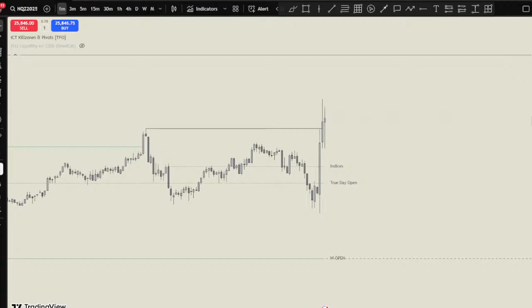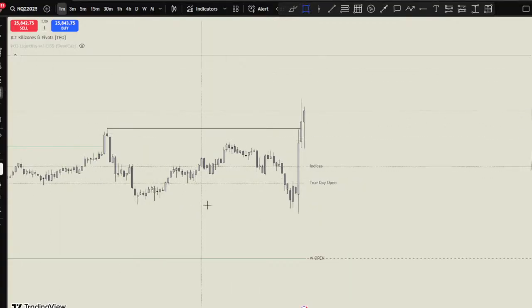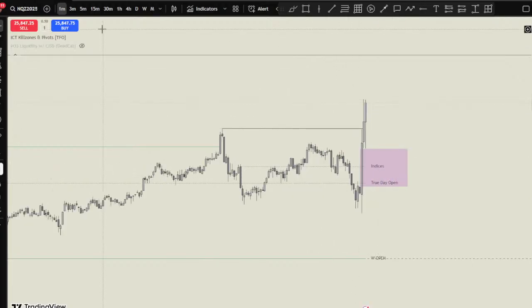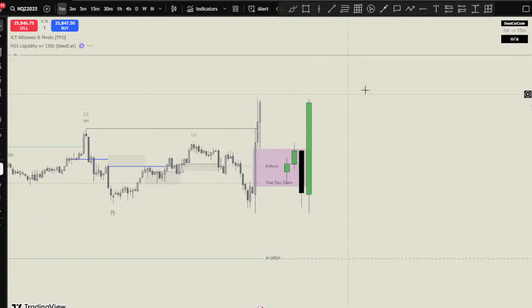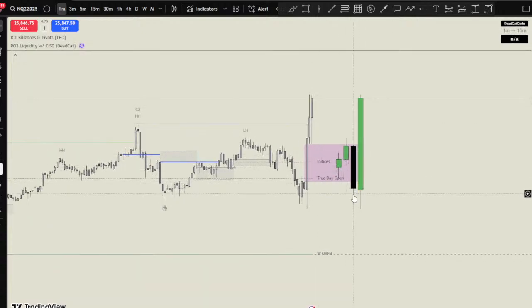All right. Okay. So honestly, what I'm kind of looking for is potentially this. When I look at that, that does look really nice. For me to see a bearish model form, this 15-minute would need to close back in this range.